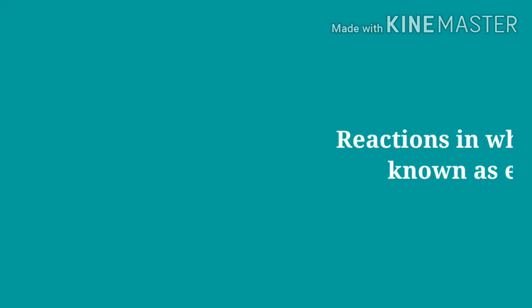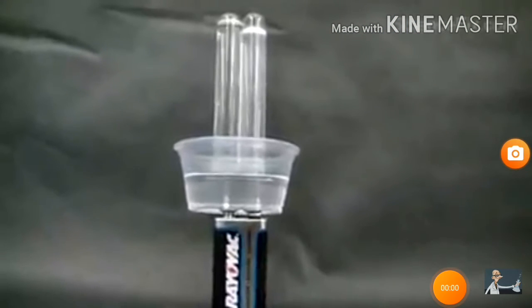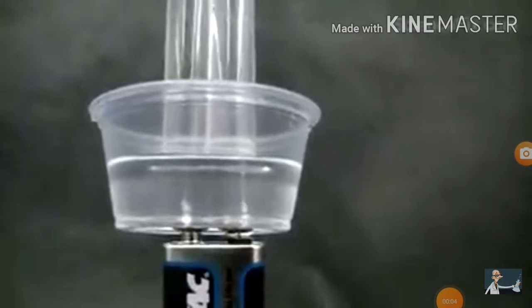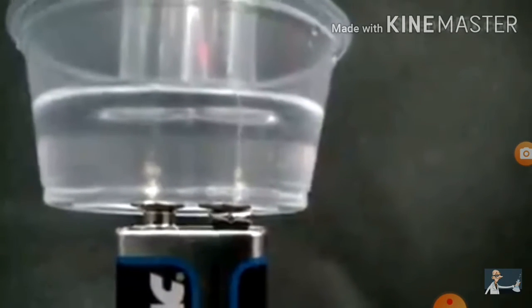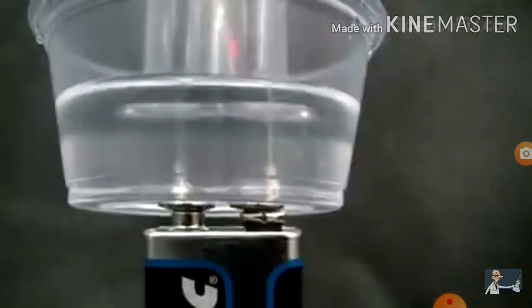That is, reactions in which energy is absorbed, either in the form of heat or light or electricity, are known as endothermic reactions. We already studied this in 7th standard. One of the most common examples of a decomposition reaction or endothermic reaction which requires electricity as energy is electrolysis.